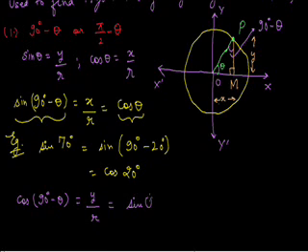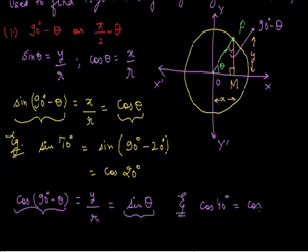So cos of 90 minus theta is equal to sine theta. So for example, cos of 40 degree can be written as cos of 90 degree minus 50 degree. This is cos of 90 minus theta, which can be written as sin theta, that is sin 50 degree. So cos 40 is equal to sin 50 degree.